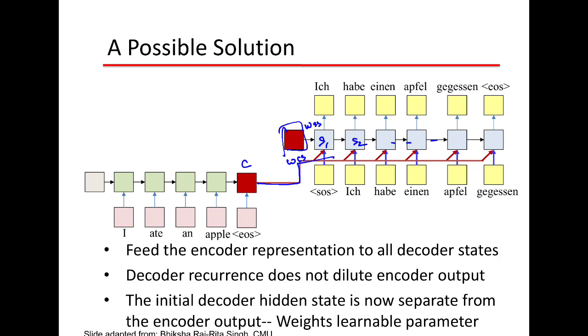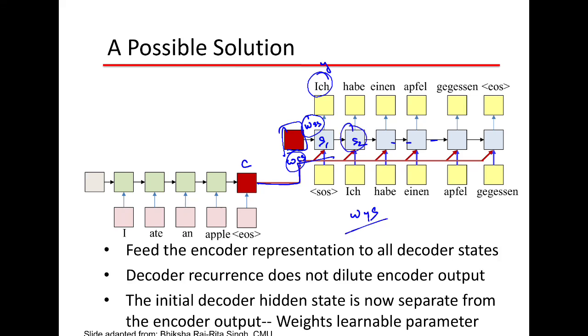So my state would become a function of the previous state times this weight, the context times this weight, and the previous output, let's say this is output Y, times WYS. Right? So three sets of weight matrices that I use to generate the current state.